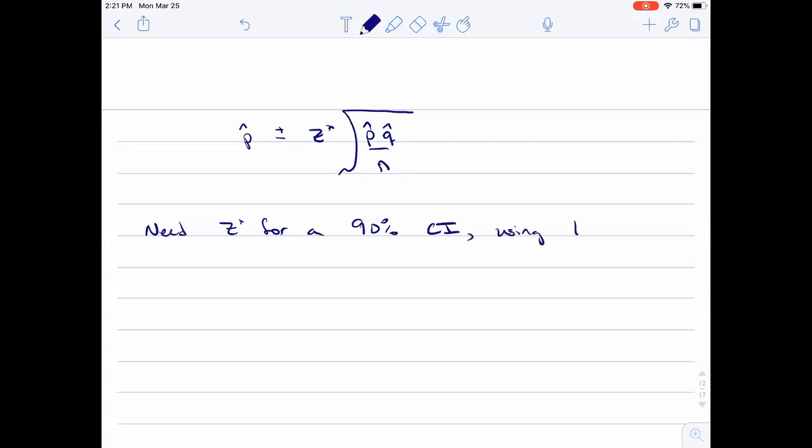I'll just abbreviate that CI. And then I'll say, using the T table, we find Z star is 1.645, right? Your Z stars are just at the bottom of your T table. But I suspect by now you're pretty comfortable finding T stars and Z stars.